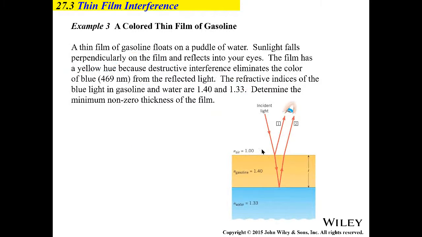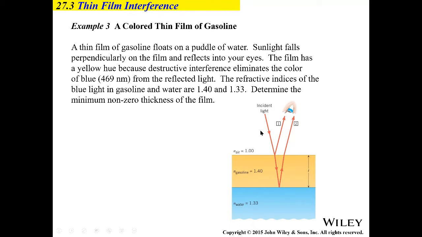All right. So now, using that, we will try to figure this out. A thin film of gasoline. Oh, this is already 640. Let me just pause it and then we can stop. This is 640. A thin film of gasoline floats on a puddle of water.